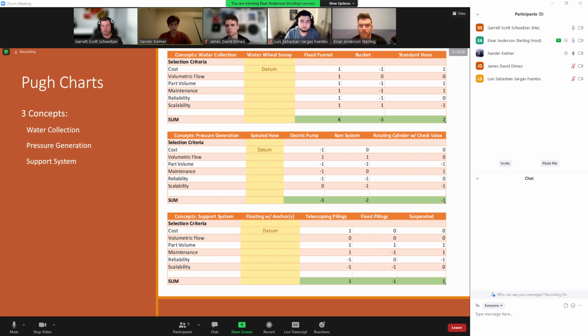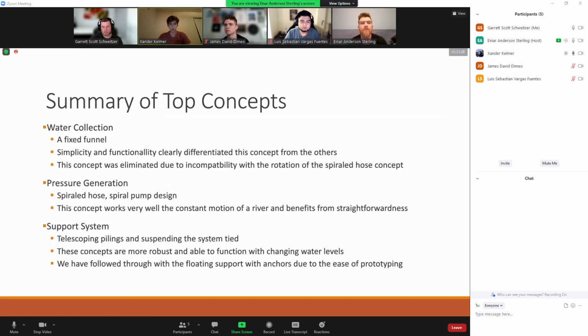And then for our support system, we have the concept of a floating design with anchors, telescoping pilings, fixed pilings, and then also a suspended product. For that, they were all pretty even, but the telescoping pilings and the suspended design ended up being the best. So next, there's a summary of our top concepts.